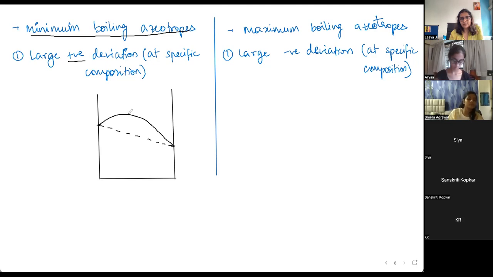When you have a large positive deviation, the point where the vapor pressure is maximum, the maximum point of the curve, this particular point. At this composition this mixture will form the azeotrope, so this is what we call the azeotropic composition.